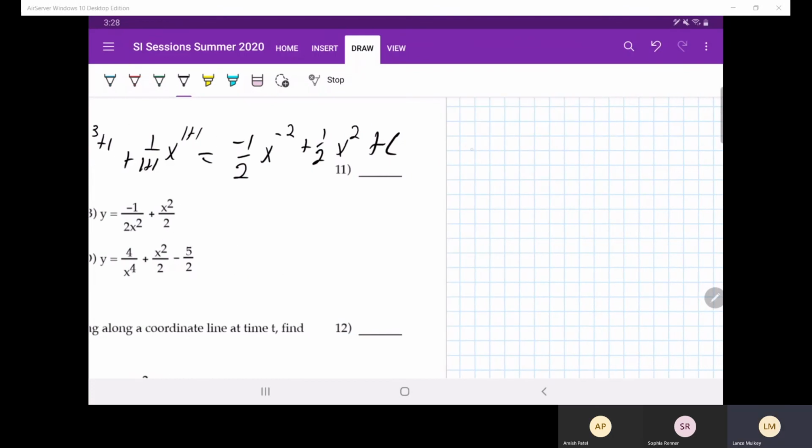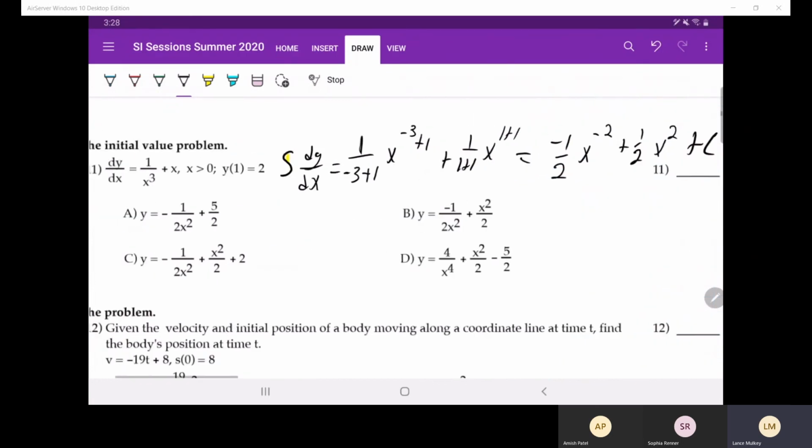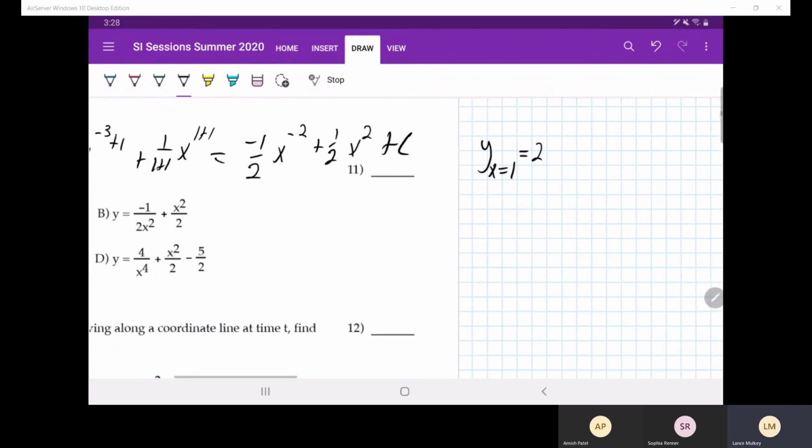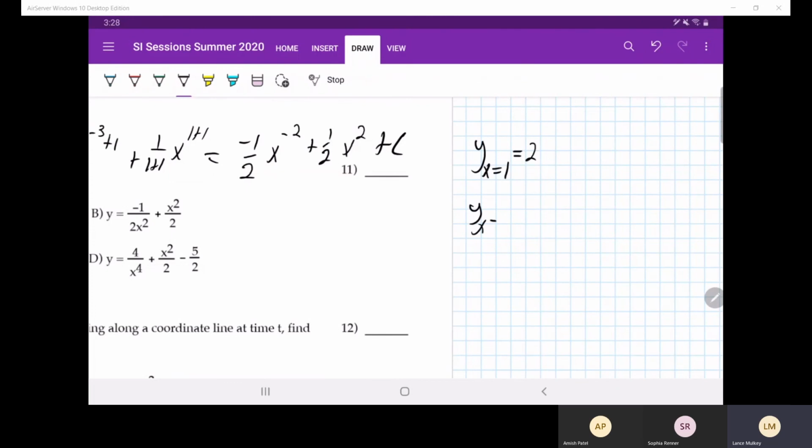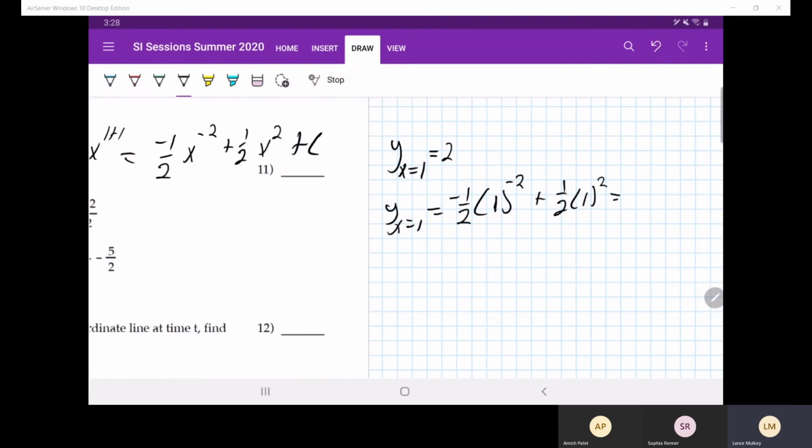So now we know that y at x equals 1 equals 2. So y at x equals 1 equals negative 1/2 times 1 to negative 2 plus 1/2 times 1 squared, plus arbitrary constant c, equals 2. Negative 1/2 plus 1/2 plus c equals 2.